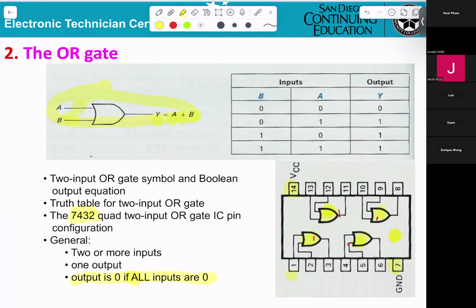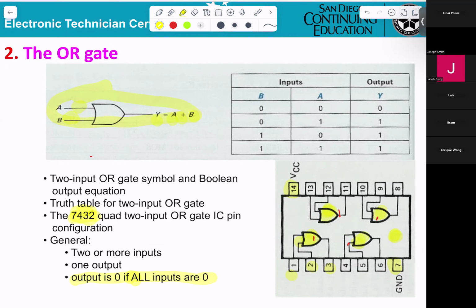Pin 1, input of the first gate, pin 2, input, pin 3, output. You're looking into here, you recognize which pin is the input or output of which gate. However, the part number is 7432.